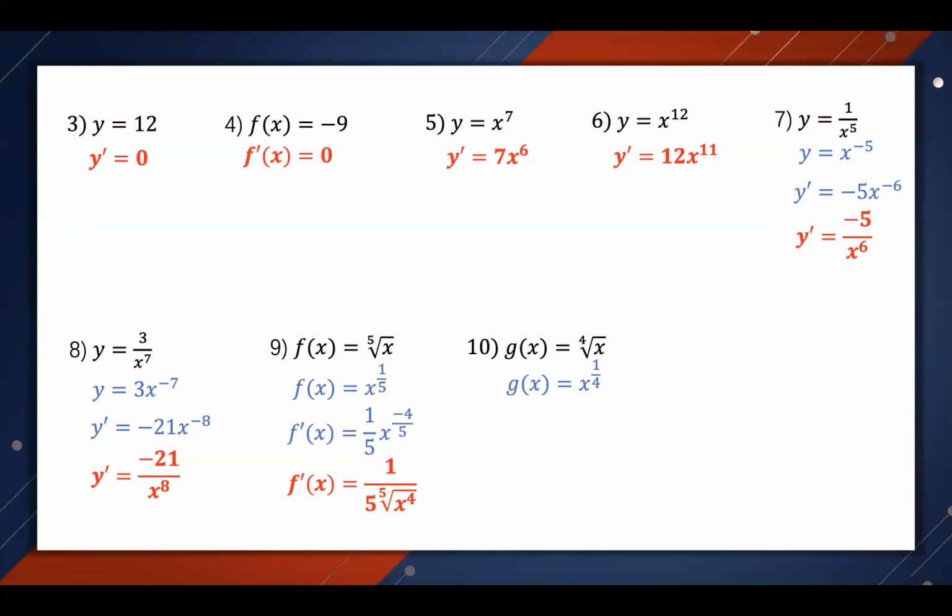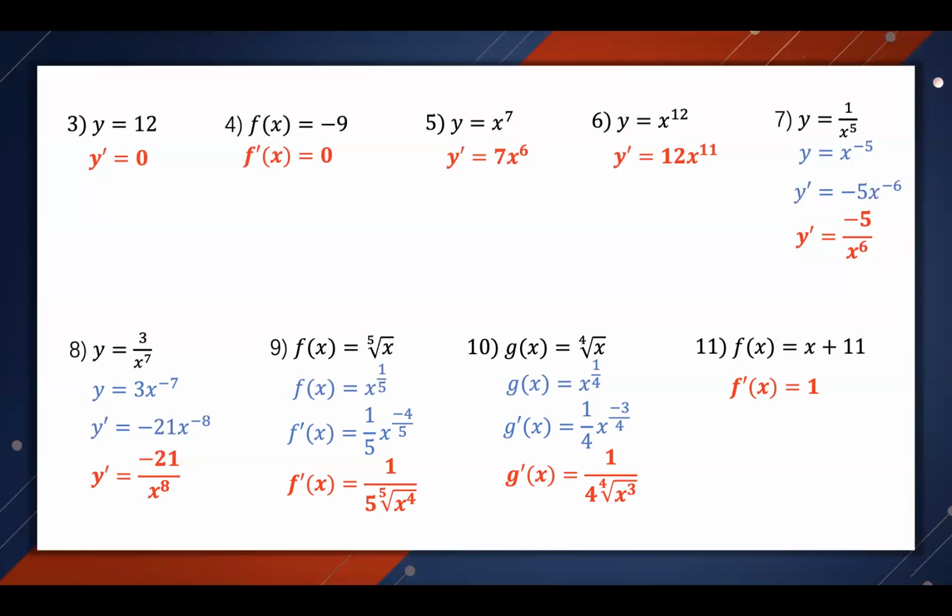The g prime of x: we could get g of x equal to x to the power of 1 divided by 4, and we get g prime equal to 1 divided by 4 times the fourth root of x cubed.